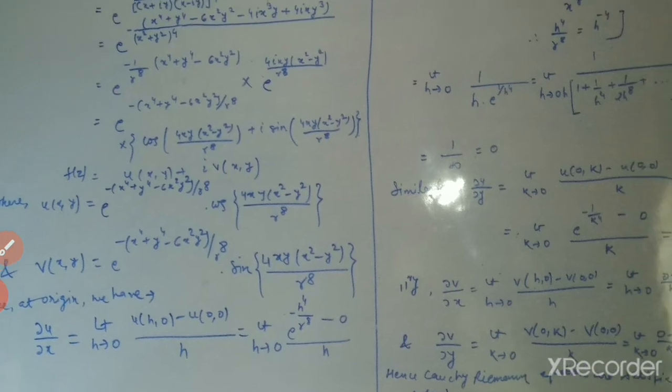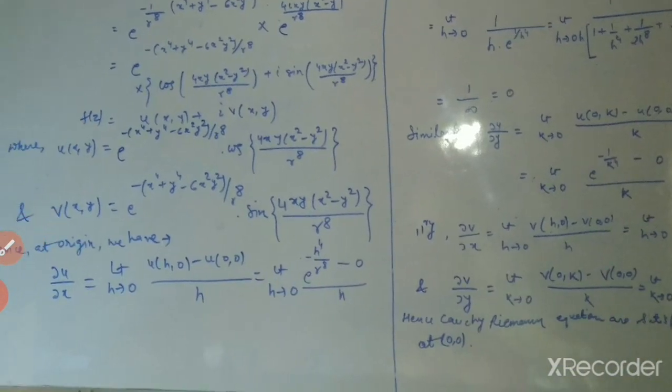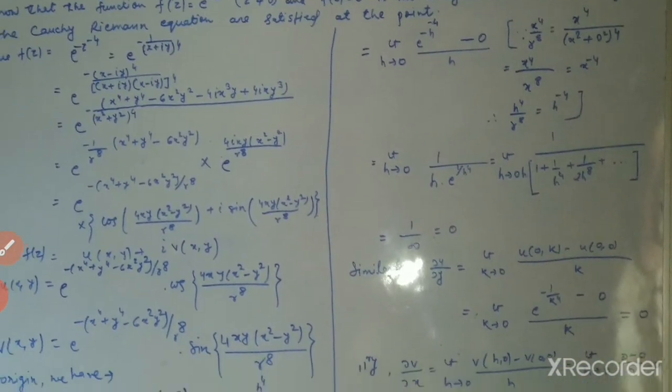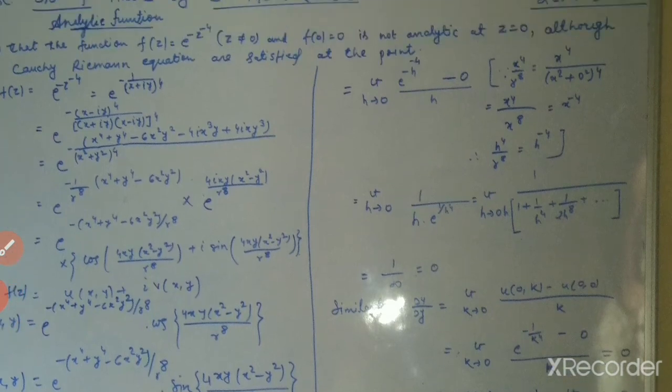Fine. So this will become limit h tends to 0 of e to the power minus h⁴ by r⁸, and since we have h⁴ divided by r⁸, let us find what this value is. Since h is used for x, we will write x⁴ divided by r⁸ equals x⁴ divided by (x² + 0²) whole to the power 4.